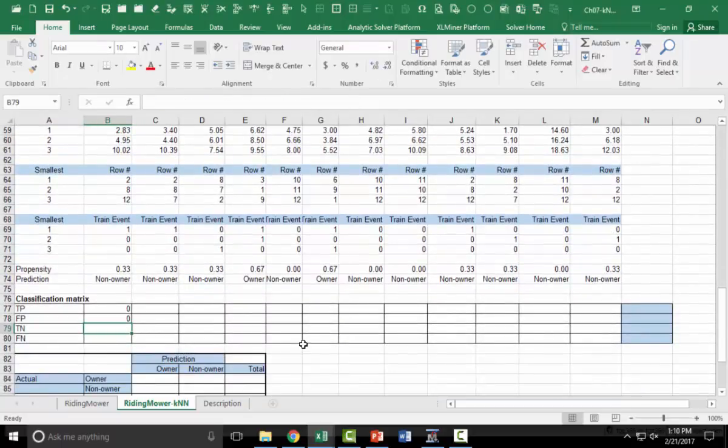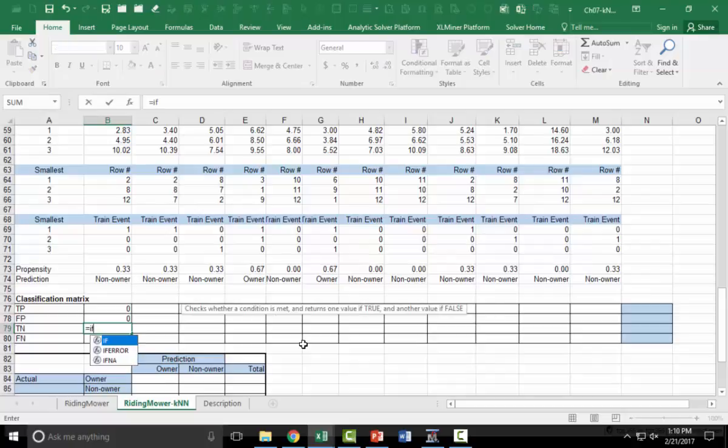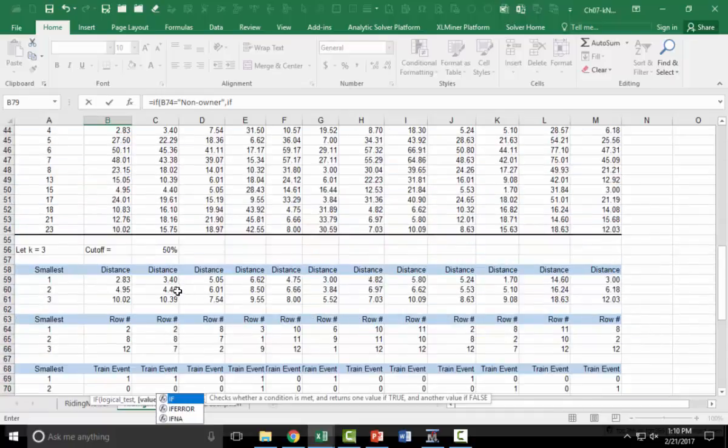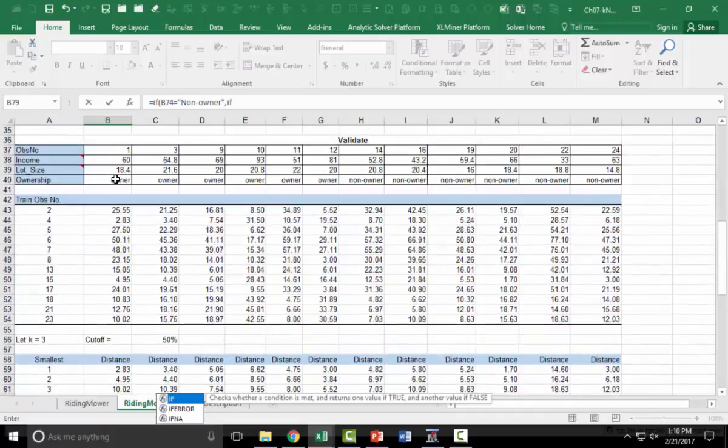True negative will be if our prediction is non-owner and if the actual is also non-owner.